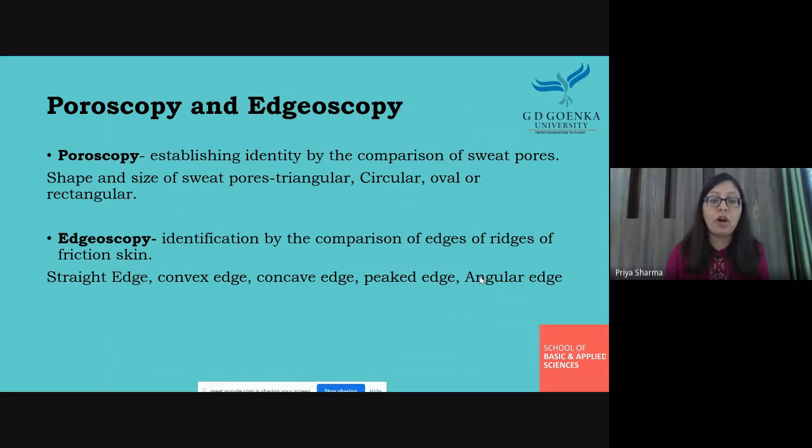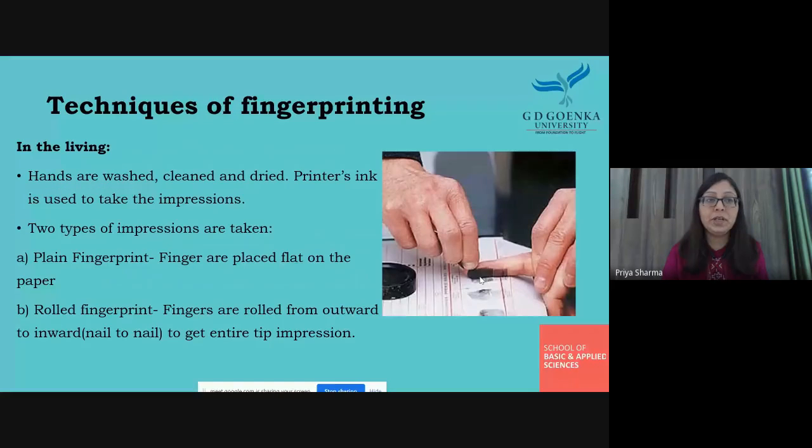Is it convex, concave, and what is the length of ridges. So we will look for the edges of ridges in case of edgeoscopy. So these three-level details are compared between the questioned fingerprint and the standard fingerprint, and we will try to establish the identity.